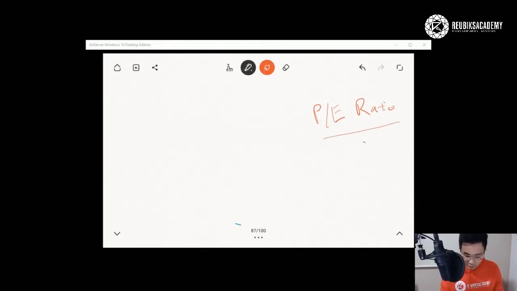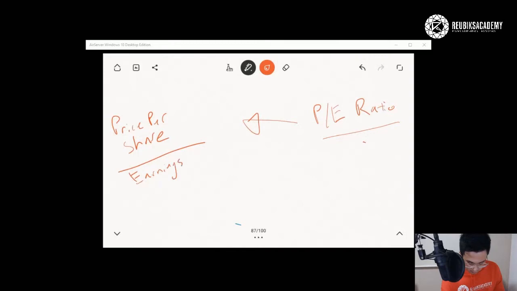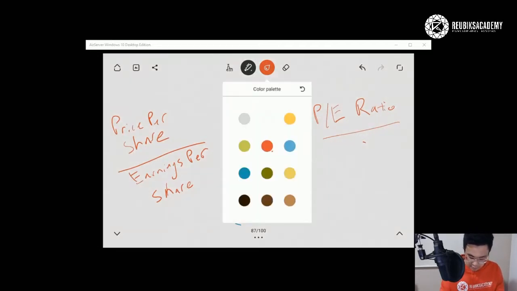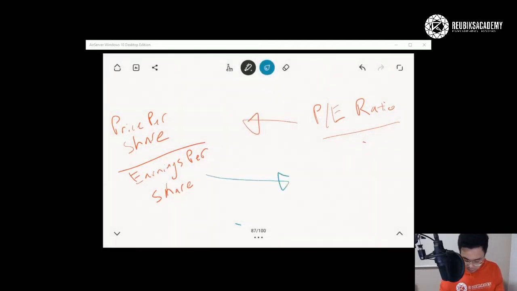Now, a PE ratio is basically taking price per share divided by earnings per share. And this would give us what is commonly called the price to earnings ratio.